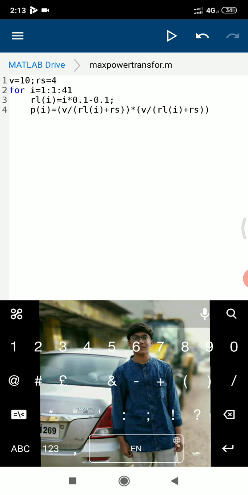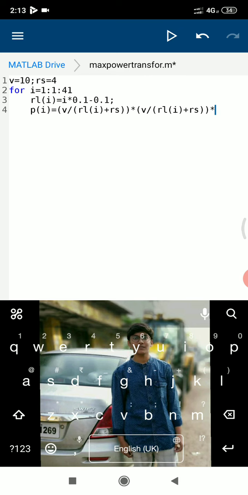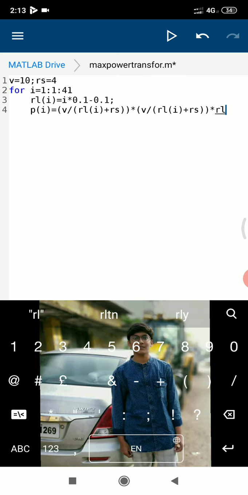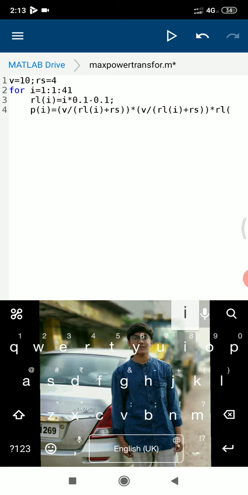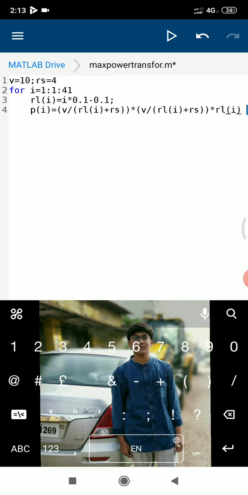Power means I square R. We kept, instead of I square, V by R into V by R. We have resistance also, another resistance, so load resistance RL of i into RL of i. Give a semicolon. By these steps, the maximum power transfer theorem is completed.